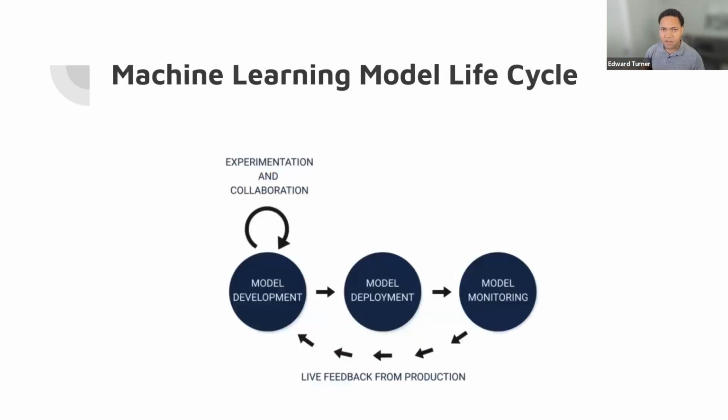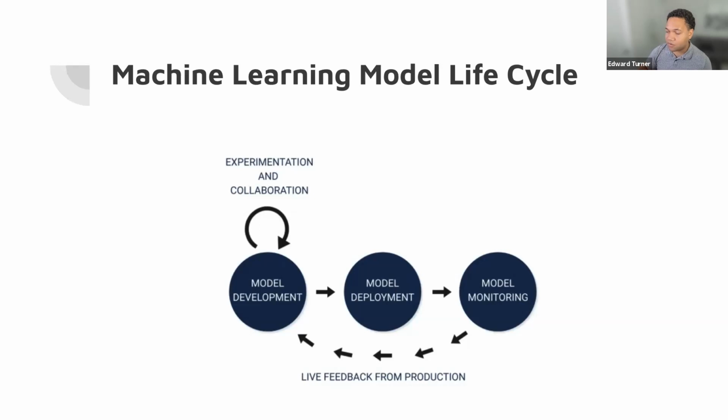Now you also have your machine learning model life cycle. This is a little different, and we're going to talk about the differences between all three. It's a little interesting, because this actually refers to the model that you just trained.